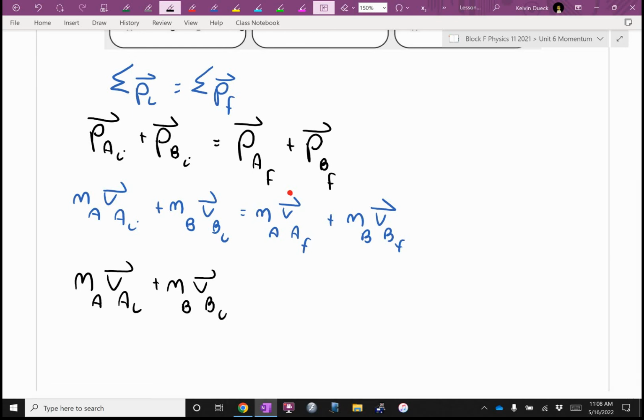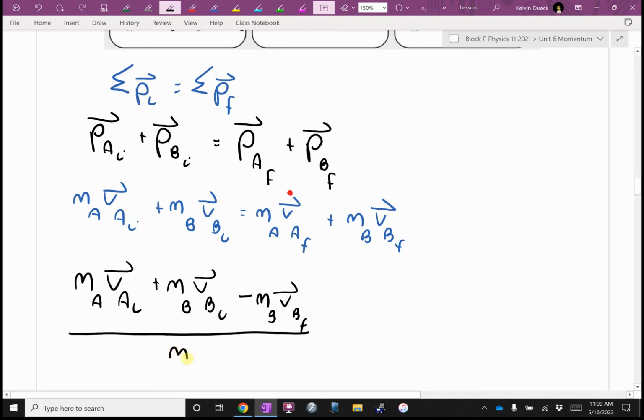Reverse bad mass. Minus MBVB final. That took care of that. I'm not going to cross it out, but you can in your homework. Then what, Fahim? We've got to be careful, make sure we use the right mass.